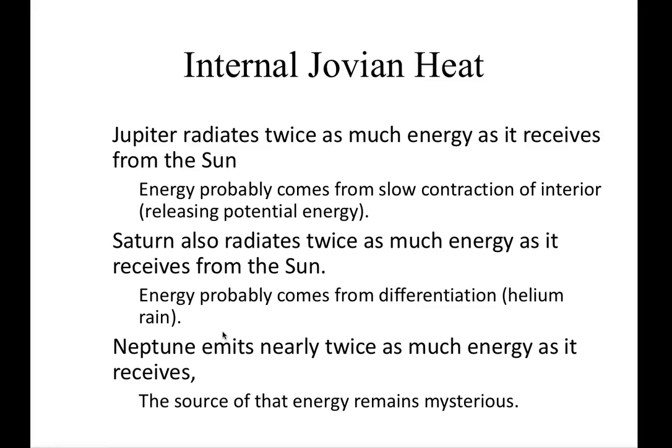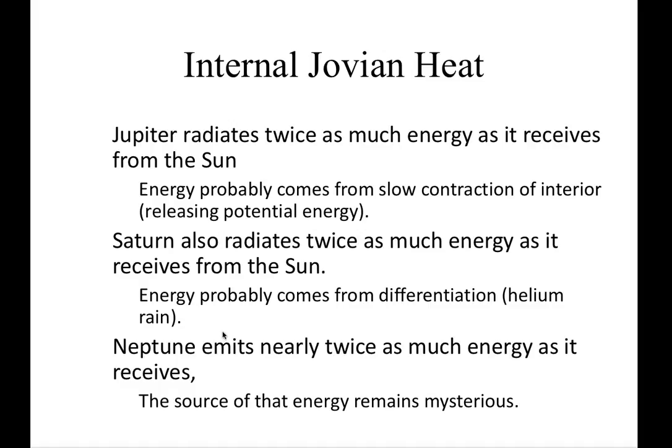Now, we do have a lot of heat emanating from these Jovian planets. We have an idea of what's causing that heat to be emitted from Jupiter and Saturn, and Neptune is a mystery. On the other hand, we don't really know what's going on with Uranus at all.